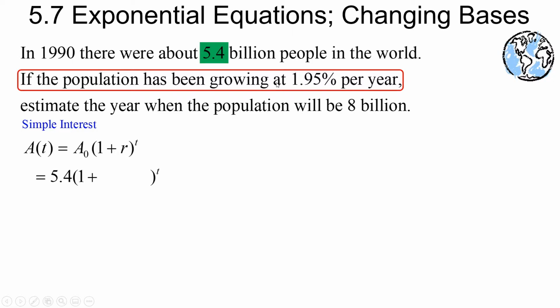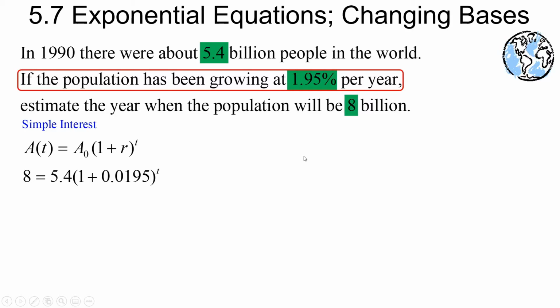So what would that be? 0.0195. There's my 1 plus my rate, and that's my growth factor right there. And we want to know when the population will become 8 billion. So let's put an 8 on the other side.